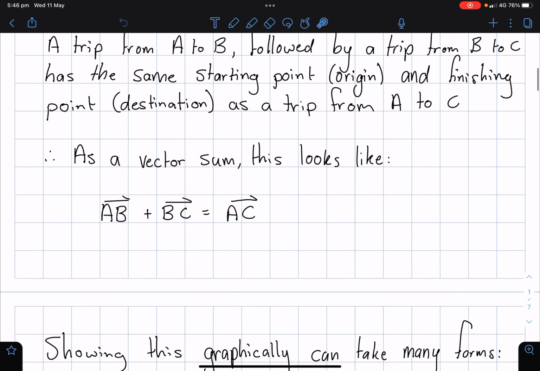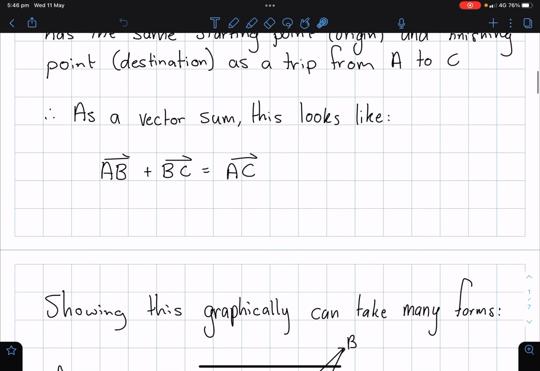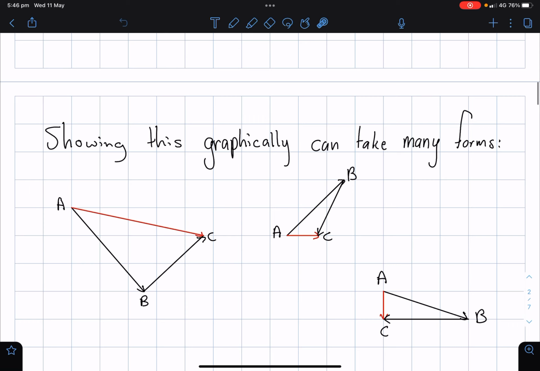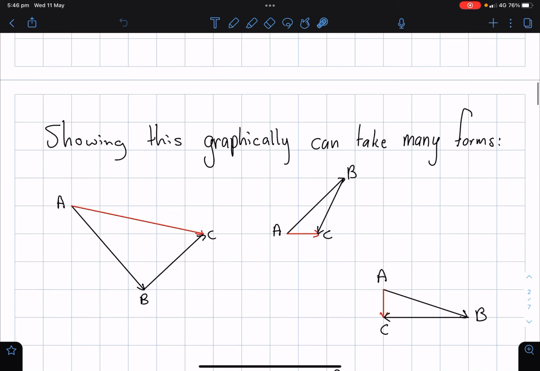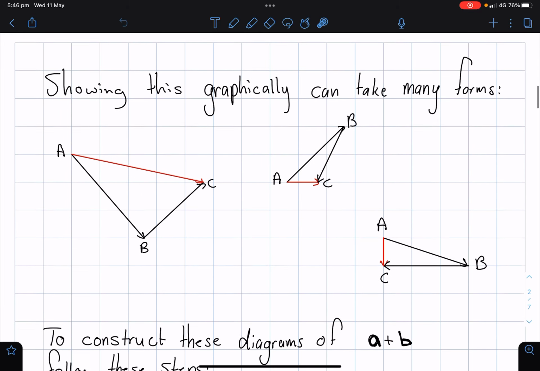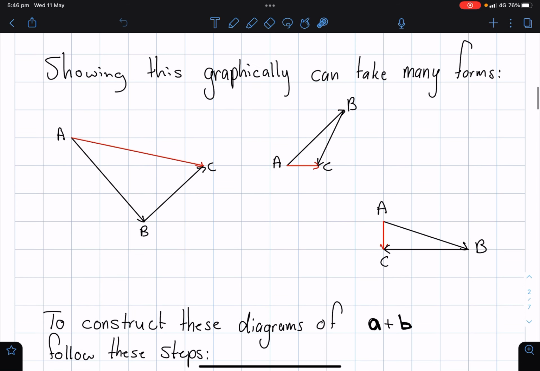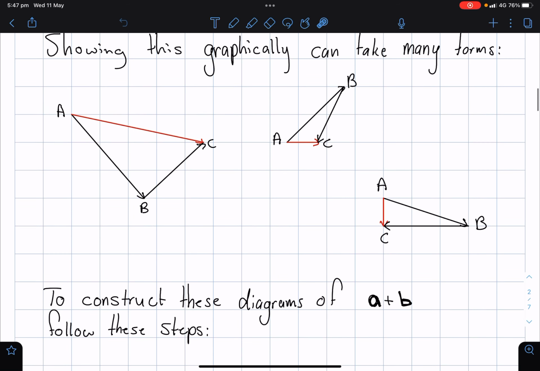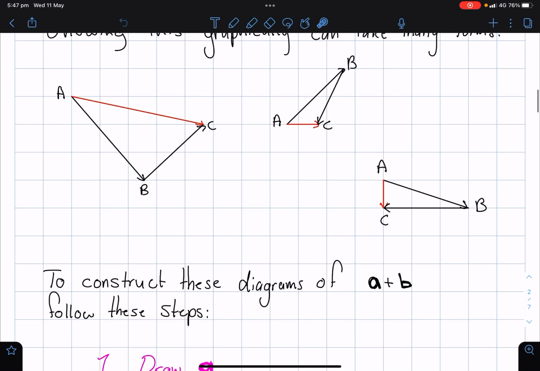All right. So we can actually show this graphically, and it can take many forms. So I've done three examples here. So remember, we've gone from A to B, B to C, all right, and then that's the same as A to C. So the way we actually construct these diagrams of vector A plus vector B, for example, we follow the following steps.